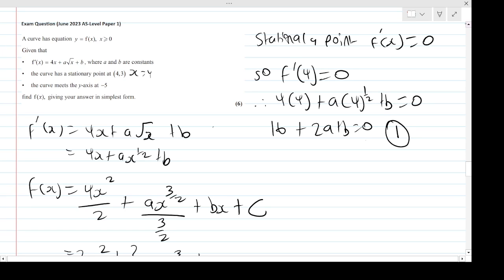Then we're told the curve meets the y-axis at -5. Remember the curve is f of x, not f dash of x, and we just found f of x by integrating.